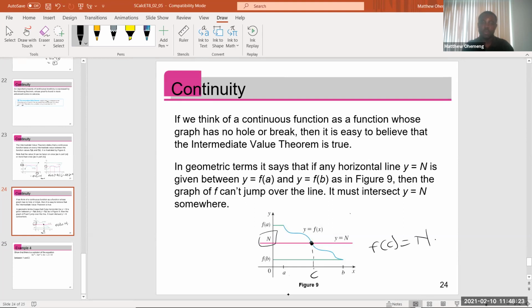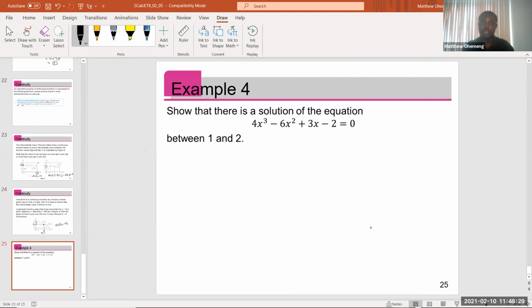Okay. So someone will ask, why do we need this? Well, to show the importance of this, let's look at a problem here. Example 4. It says, show that there is a solution of the equation 4x cubed minus 6x squared plus 3x minus 2. So for this one, before you even solve it, you can get an idea if this equation will have a root or not, whether there's an x which we can plug in to get 0.